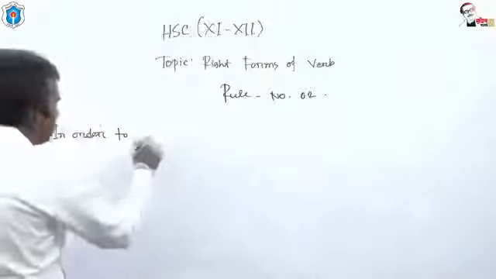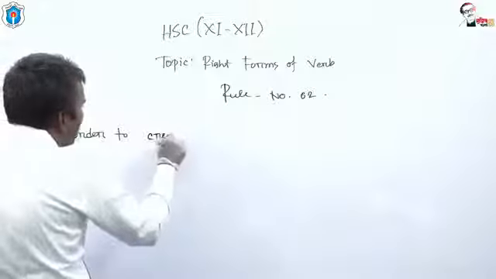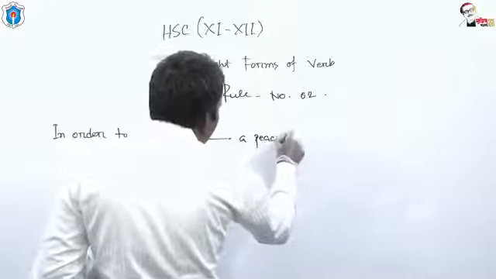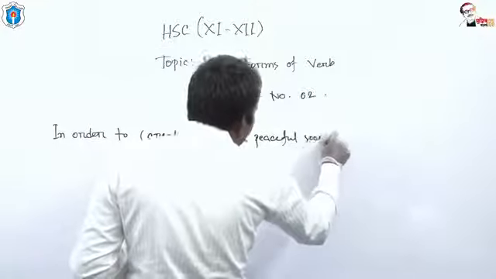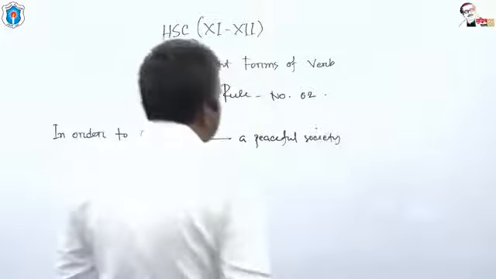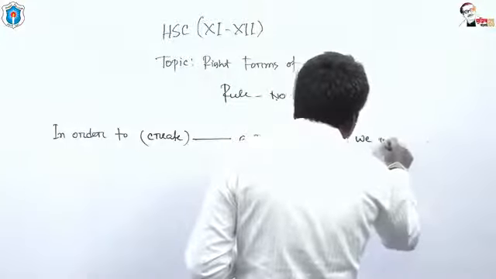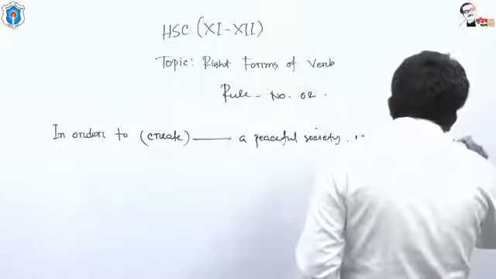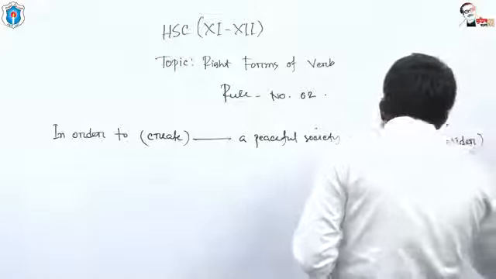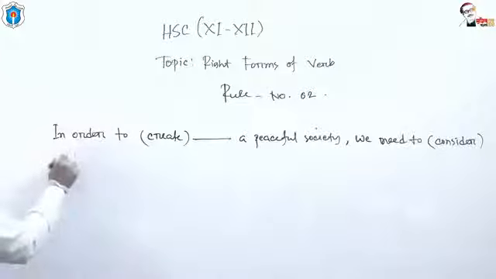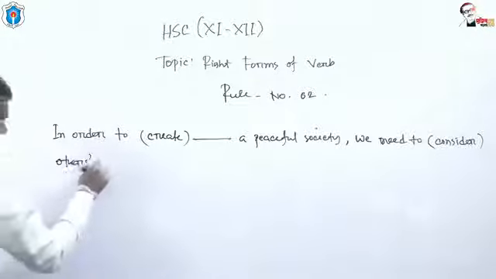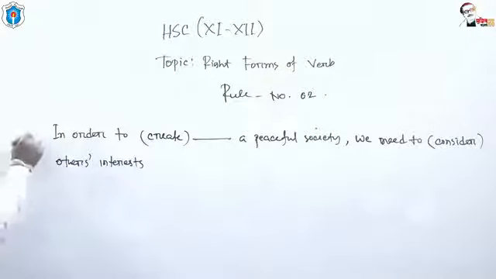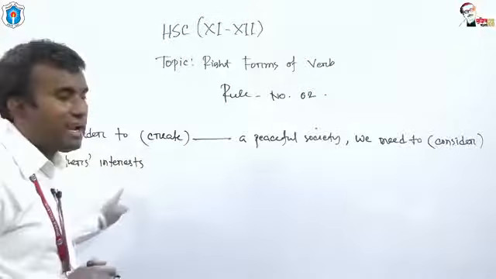In order to create a peaceful society, we need to consider others' interests. This is example number 1 under rule number 2.